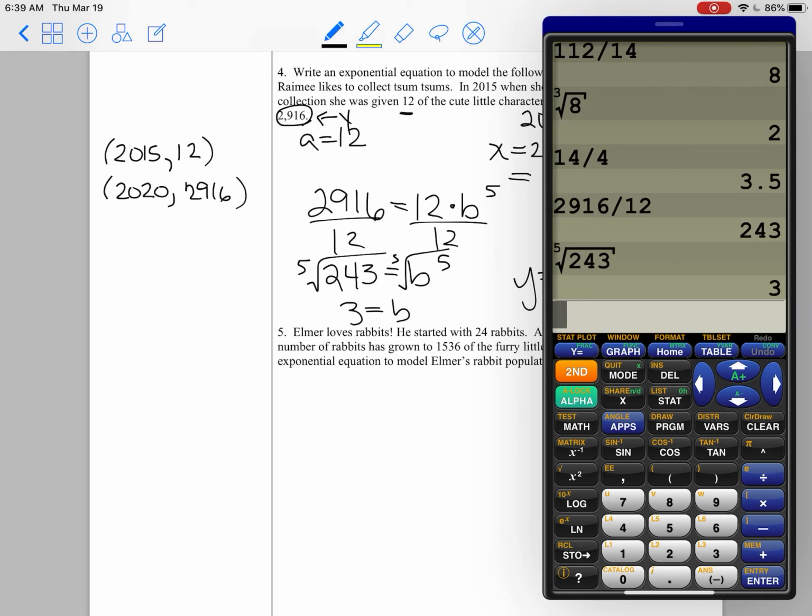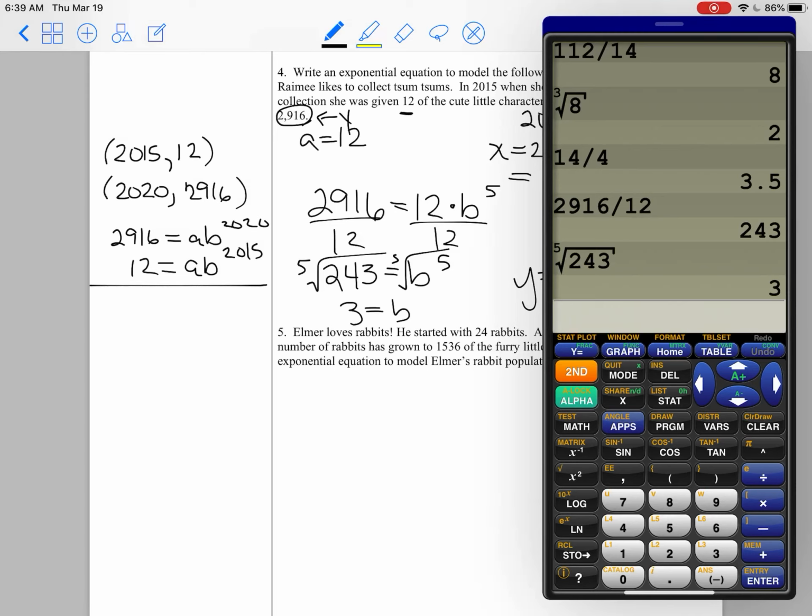Now writing it as points, we do exactly what we did before. Now our x that's larger goes on top. So 2,916 equals a b to the 2020. Don't worry about the numbers being so big. And then do the same for the other equation. 12 is going to equal a b to the 2015. And divide them just like we did.